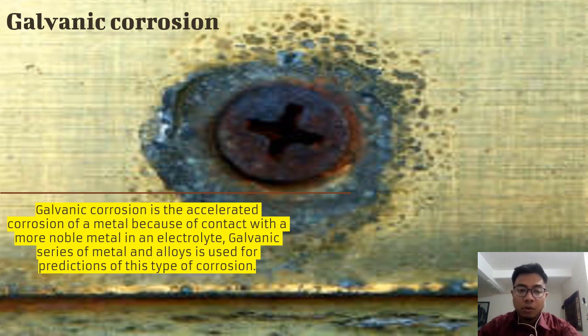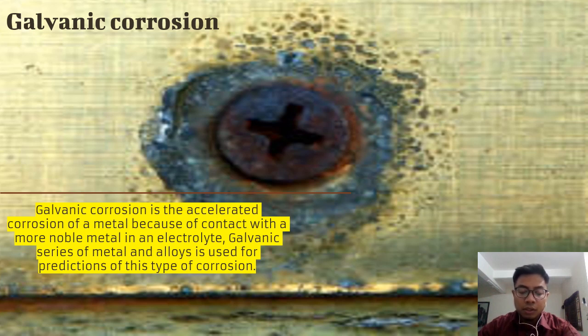Next is galvanic corrosion. Galvanic corrosion is the accelerated corrosion of a metal because of contact with a more noble metal in an electrolyte. The galvanic series of metals and alloys is used for prediction of this type of corrosion. As you can see on the slide, the base metal is a galvanized material and the screw is a carbon steel metal.